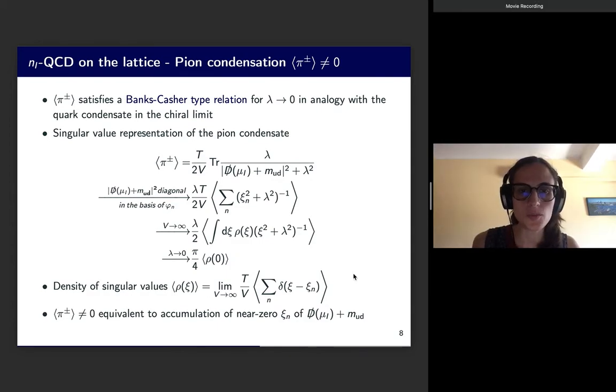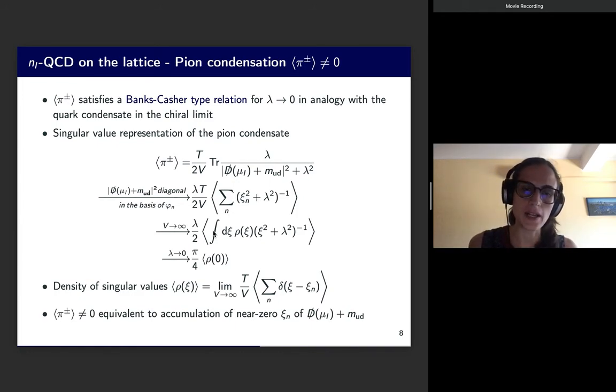So similarly to what you have seen happening at mu equals 0 in the derivation of the ordinary Banks-Kasher relation, in this step over here, from here to there, the volume has been considered to be large enough, which makes the singular values become sufficiently dense.